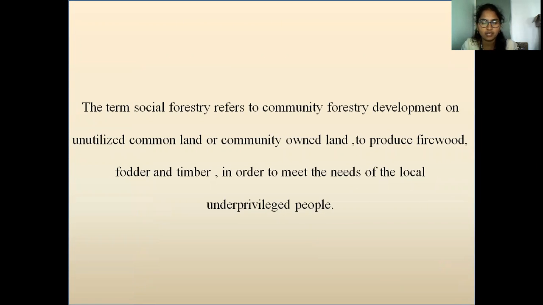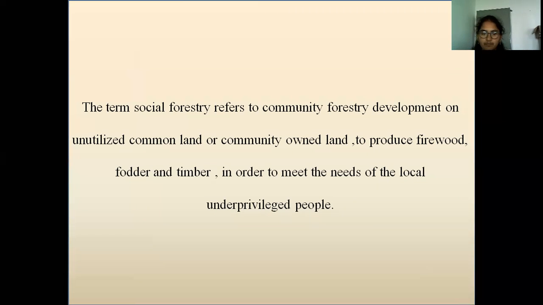First, what is social forestry? The term social forestry refers to community forestry development on unutilized common land or community owned land to produce firewood, fodder and timber, in order to meet the needs of the local underprivileged people.